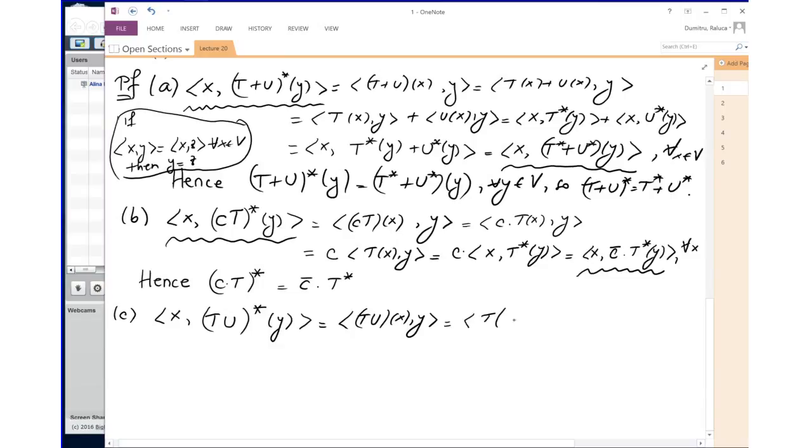But then, since it's composition, this is T of U of x in the first argument. And now I'm going to start moving them back into the second one by one. So I'll start with T, just leaving the inside of T on the left side, and the inside is U of x, and moving T with an adjoint into the second. And then do it again with U, right? Take U and move it into the second. You're left with x in the first.